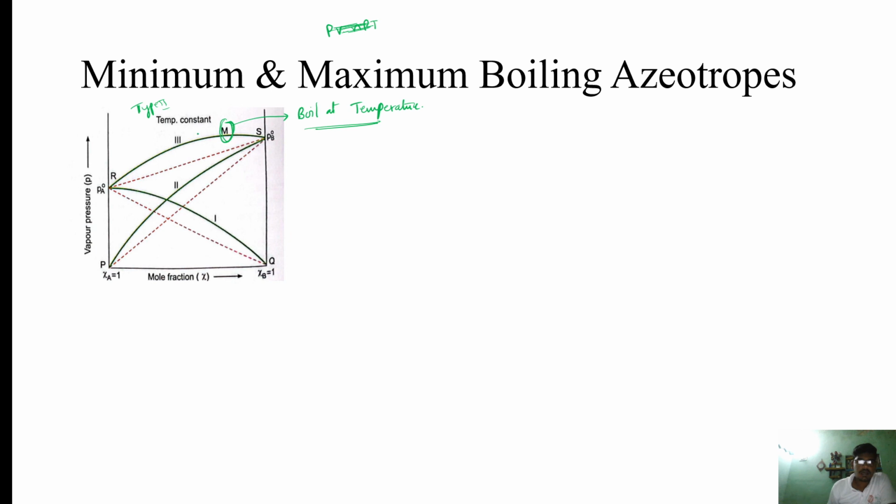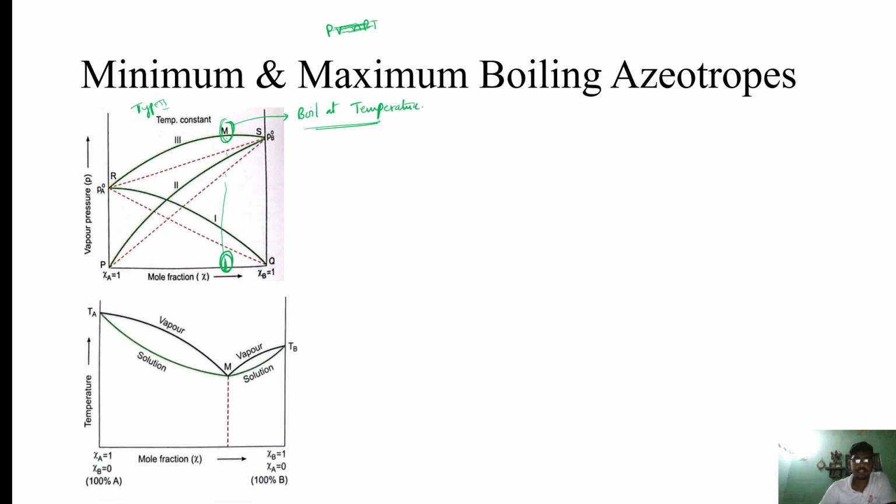So since at this particular composition the solution is showing maximum vapor pressure, ideally at this composition it should show the minimum boiling point, just like this.